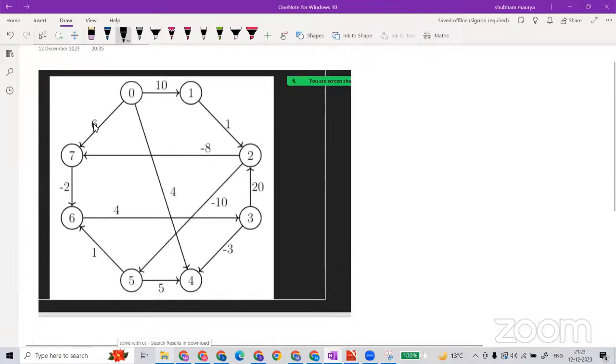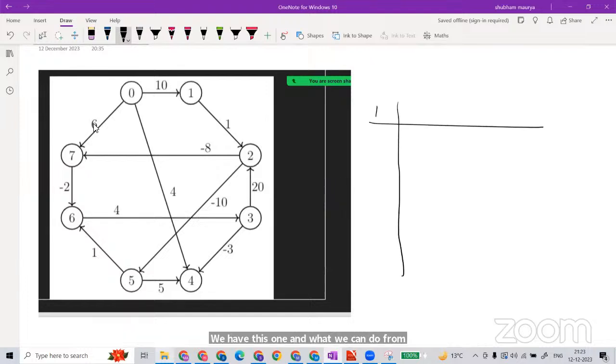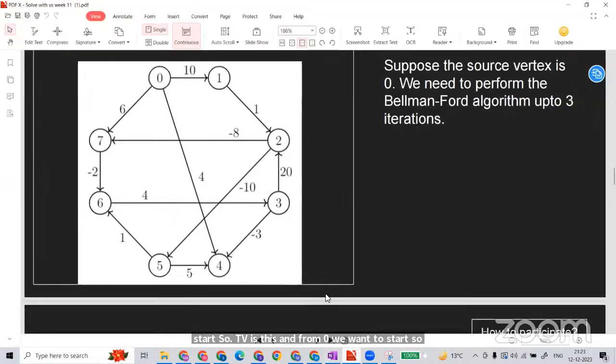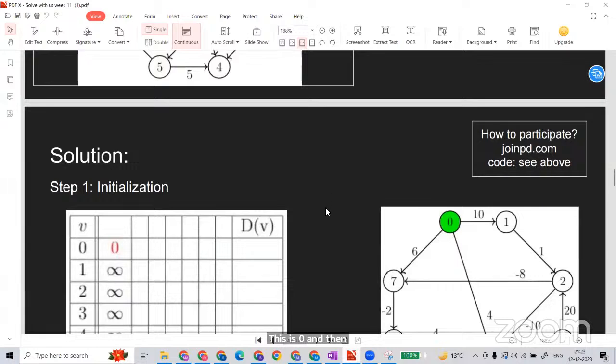So we have this one, and we have to start from 0. So dv is this, and from 0 we want to start. So this is 0.